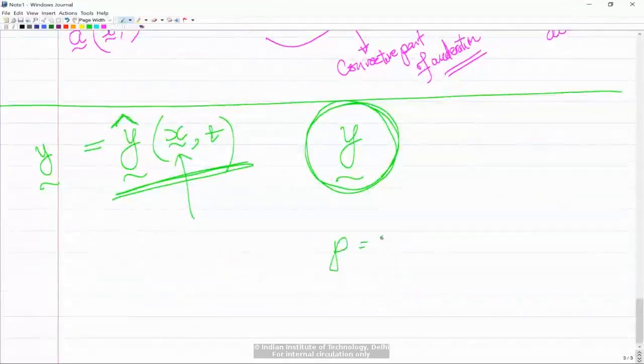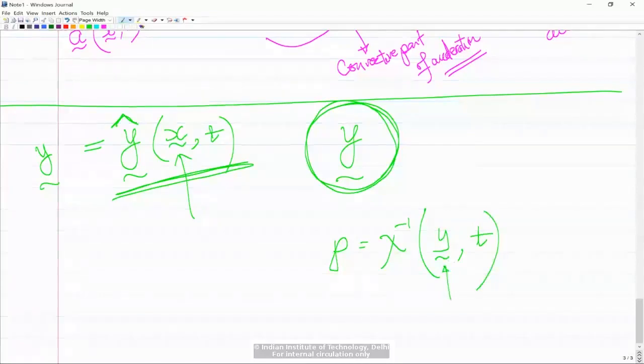So what is this y in this case, y hat or only y? This is just y. This is not hat. Don't call it y tilde, just say y. Okay. So it is not a function of x tilde.